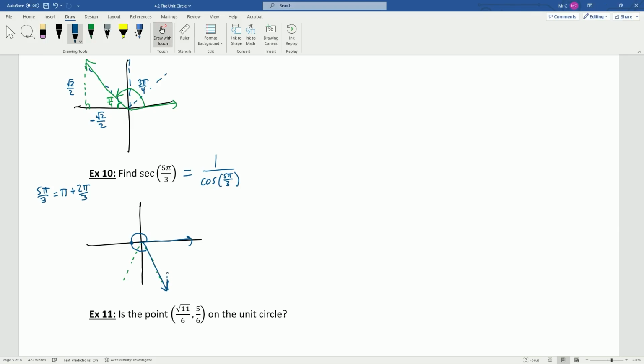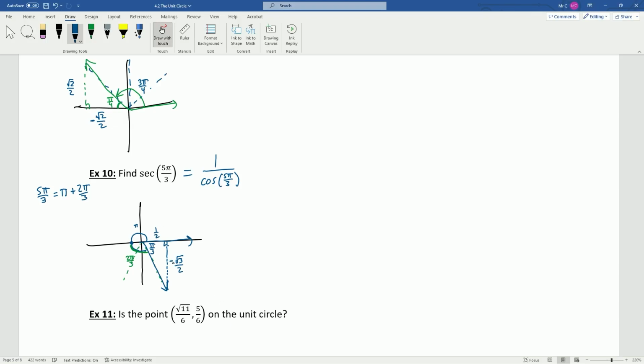And so when I draw my triangle, what will my reference angle be? Well, this was pi, and this was 2/3 of pi. So what's left is another pi over 3. And across from pi over 3, I should get the square root of 3 over 2, and my other side should be 1/2.